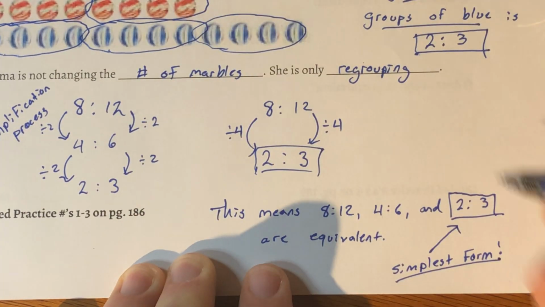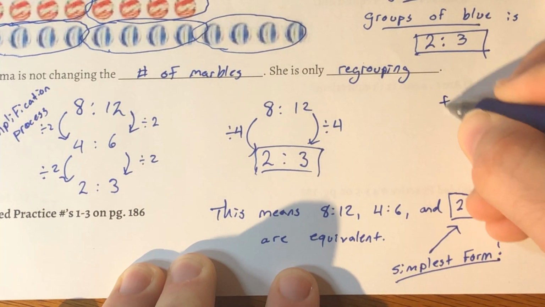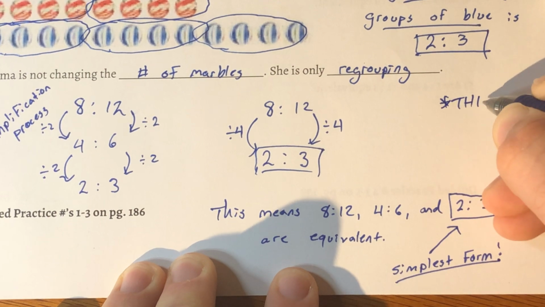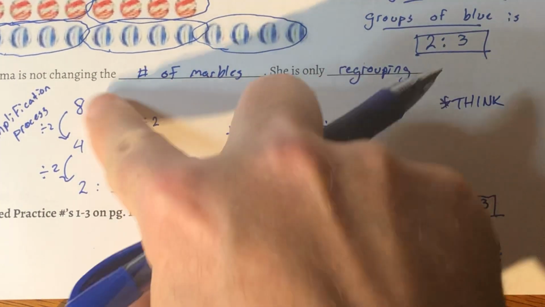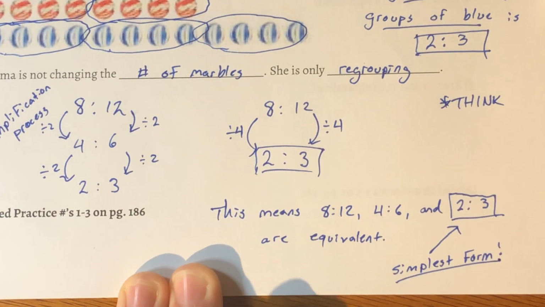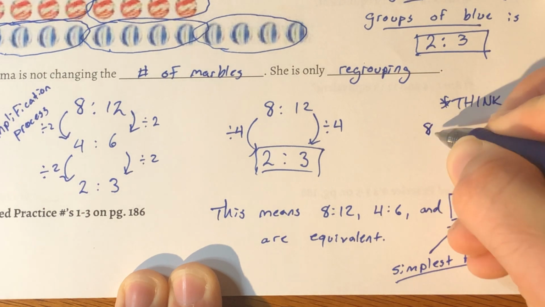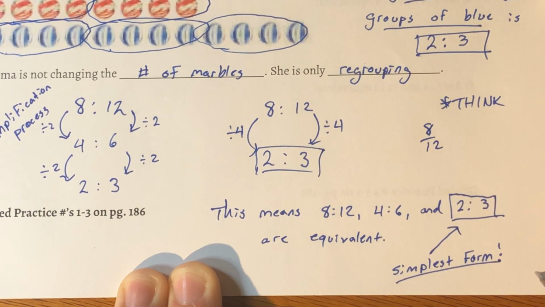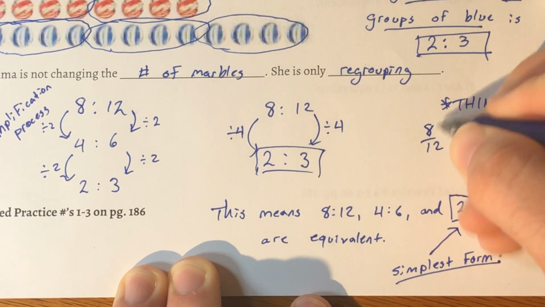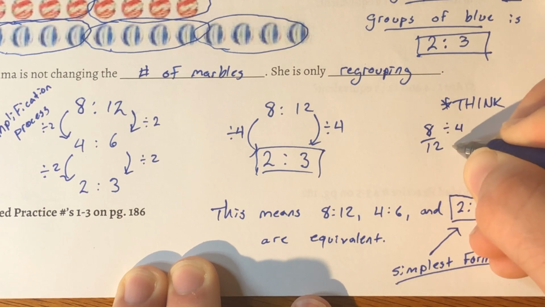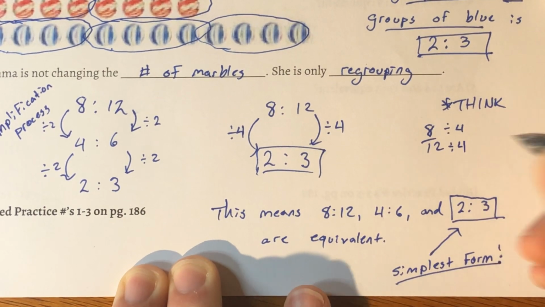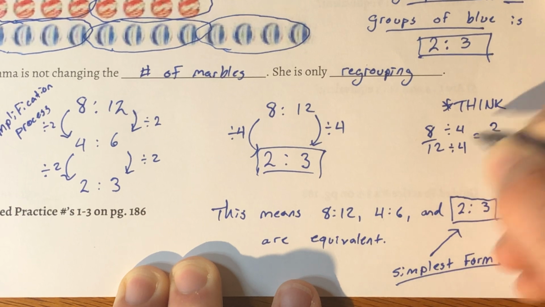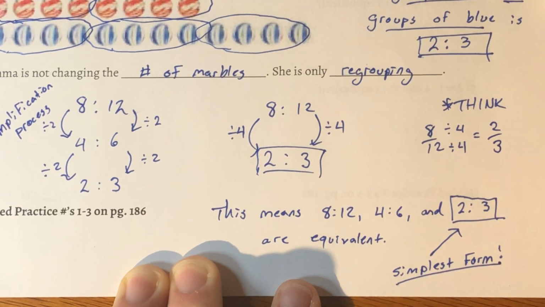Simplifying ratios is just like fractions. So, before we move on, I want you to think, what if I wrote my ratio as a fraction? Because remember, you can write ratios as fractions, so 8 to 12 is the same thing as 8 over 12. If I were to simplify this fraction, I would divide numerator and denominator by 4. 8 divided by 4 is 2. 12 divided by 4 is 3.